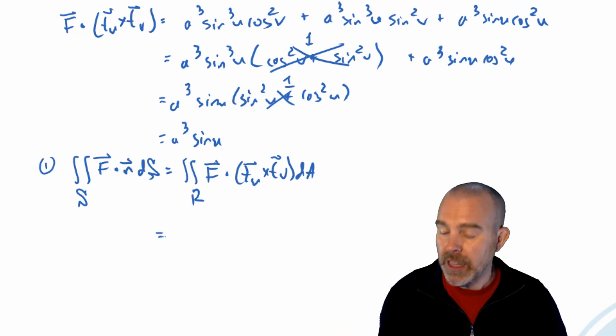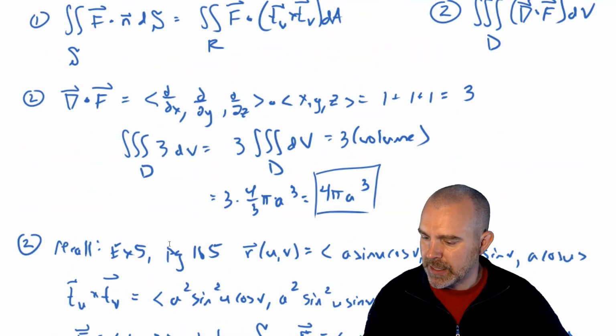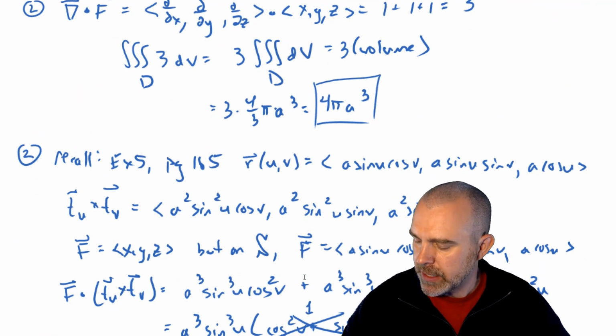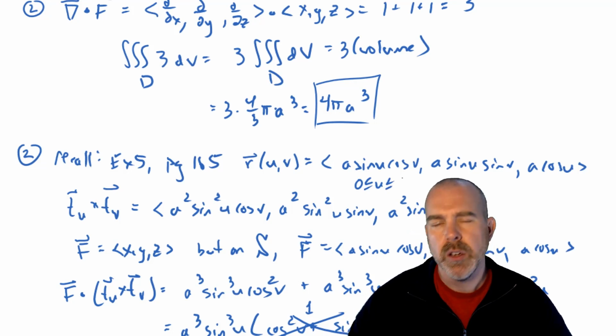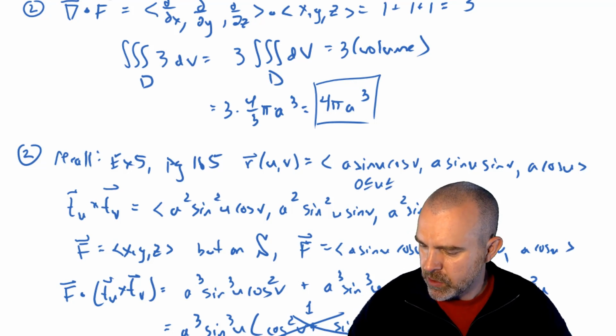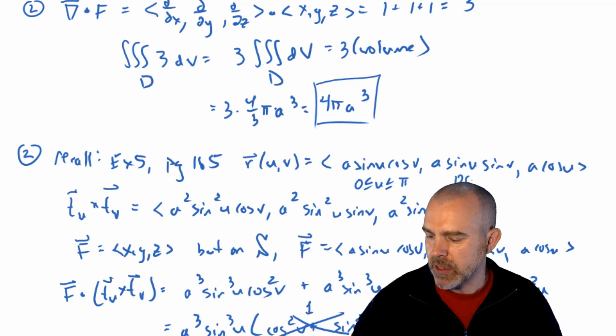Okay, so now in the uv plane, oh, we forgot to do our parameters. For the entire sphere, u is phi, so u is between 0 and pi, and then v was theta, so 0 to 2 pi.